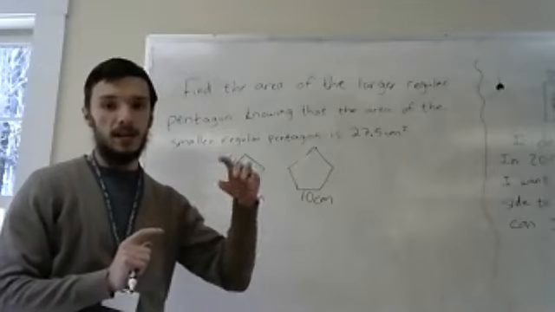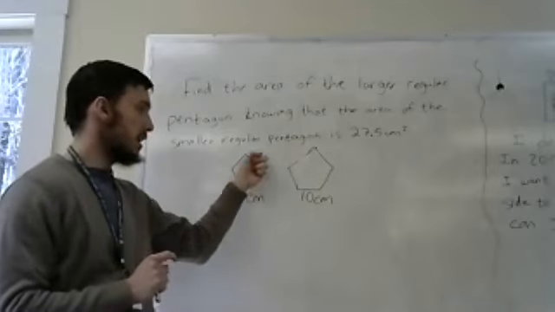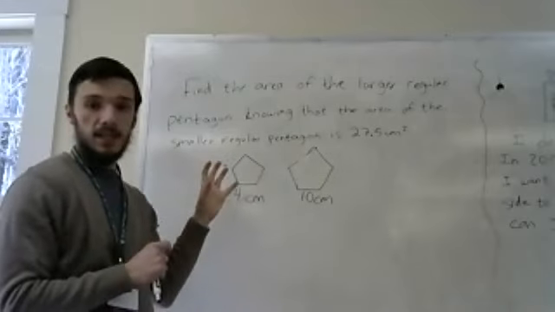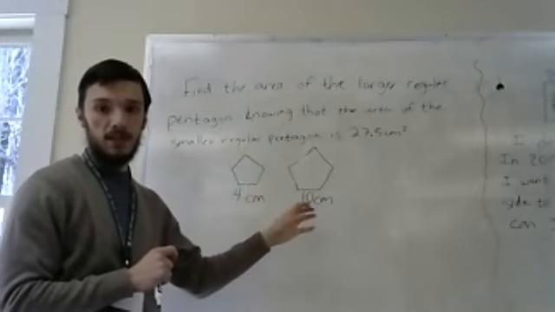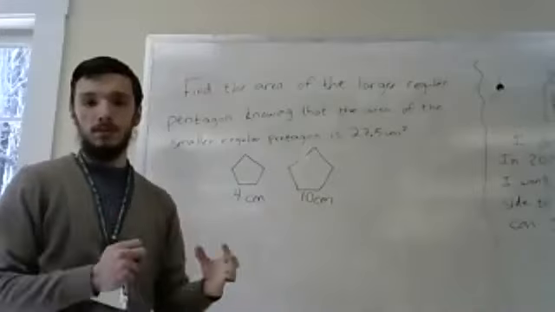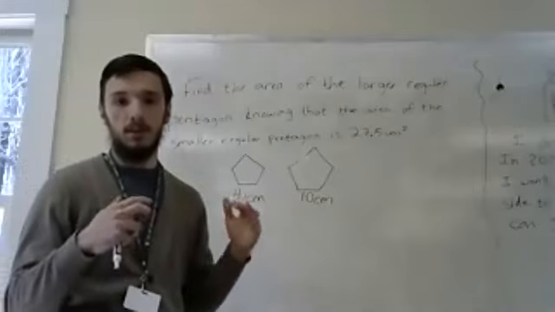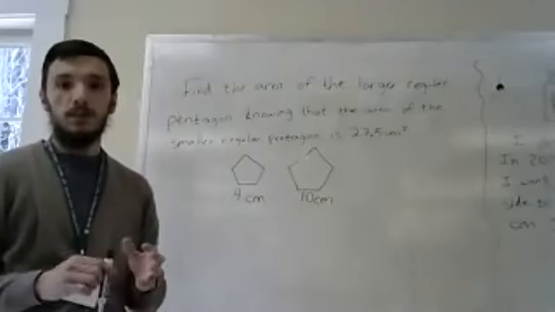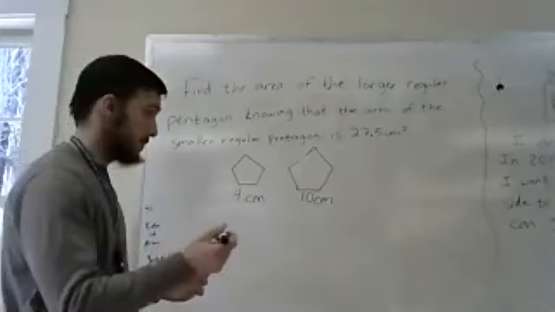So each side of this pentagon is the same length, and each side of this pentagon is going to be the same length. So we can assume that these are similar polygons. So let's find their scale factor.